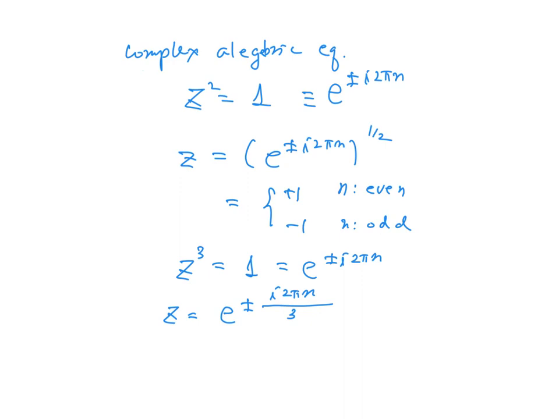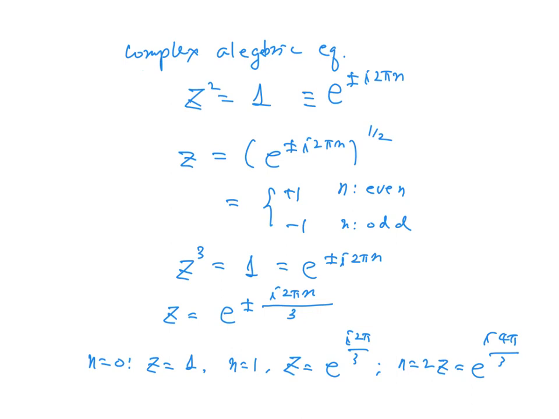So when n is equal to 0, z is simply 1, right? When n is equal to 1, what happens? z is exponential i 2 pi over 3. n is equal to 2, z is exponential i 4 pi over 3.